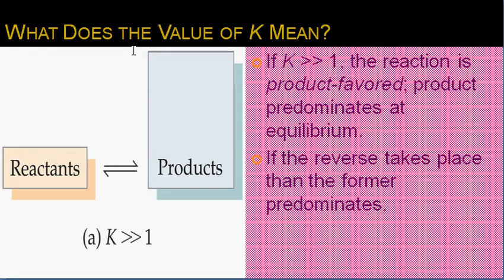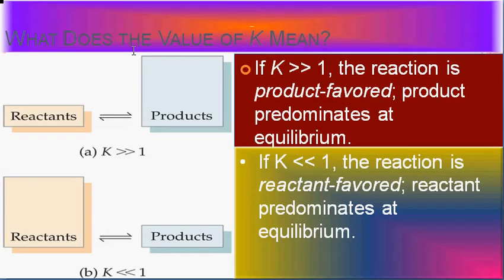So what does the value of K mean? The reactant will give product. If K is greater than 1, the reaction is product favored, the product predominates at equilibrium. If the reverse takes place, then the reactant predominates.